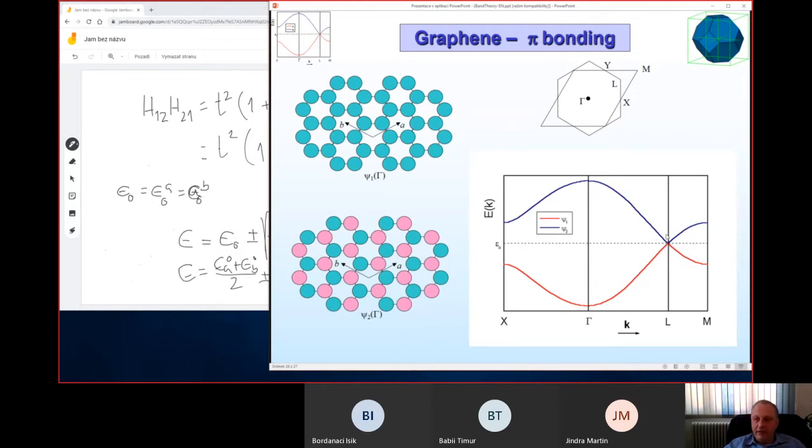The electrons from here can be excited to the conduction band, and that's why graphene and graphite as well is a conductor. But it's not a real metal, because in a real metal we would have a partly filled band. In this case, we have a completely filled band and another band which is completely empty at 0 Kelvin. But at finite temperatures we have excitations, because the band gap is 0. And this 0 band gap is imposed by symmetry.